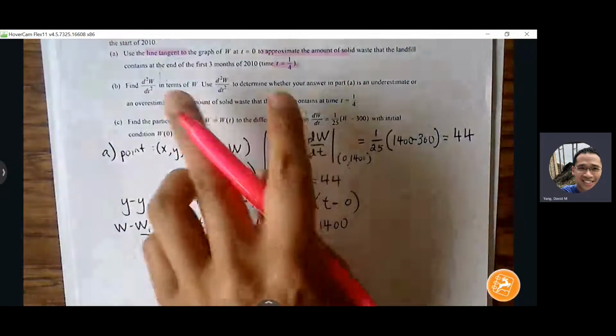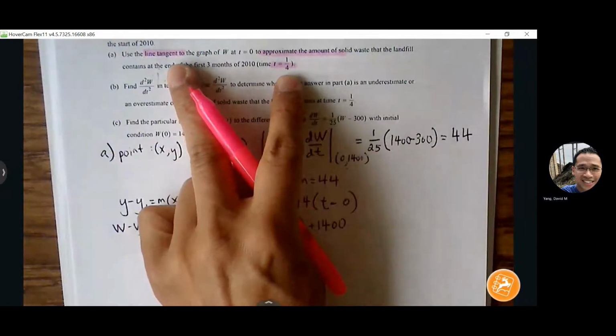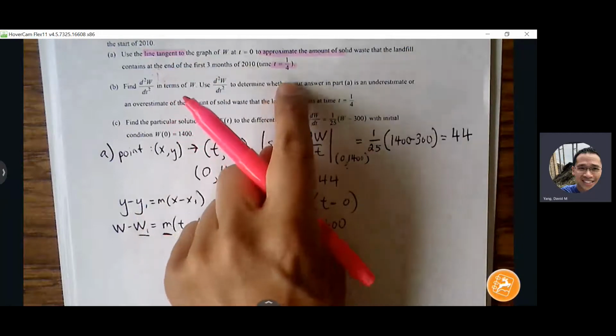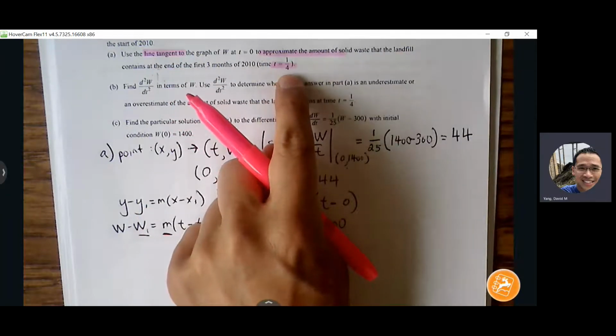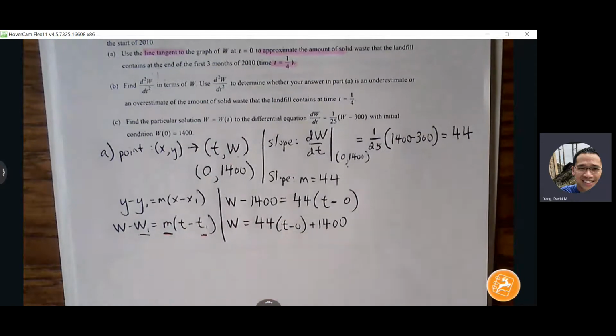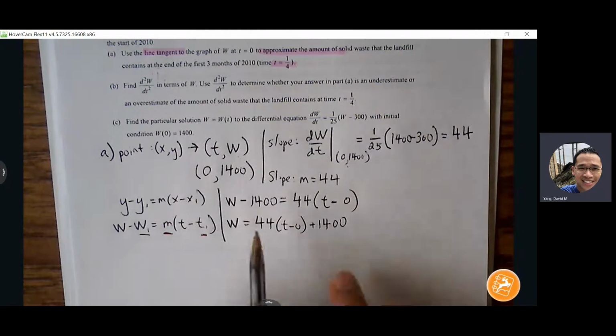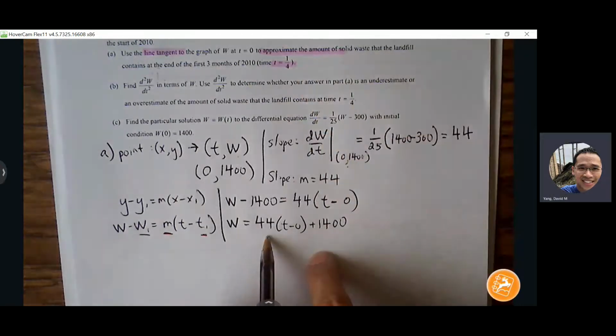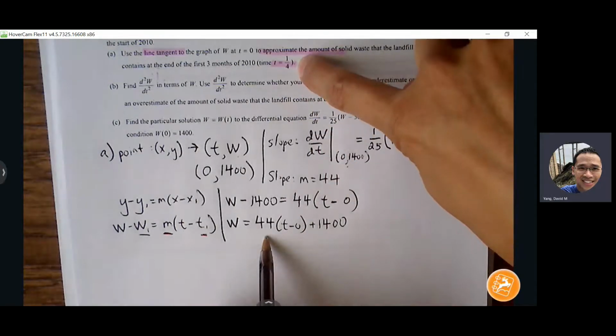So this is basically linear approximation. Linear approximation just means take that 1/4, or that decimal or fraction value, insert it in for t, and that's your approximation, right? Linear approximation means using a tangent line to approximate a certain value.